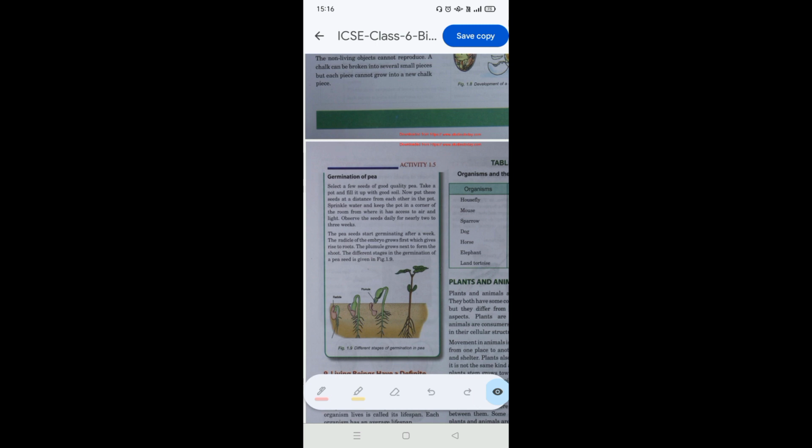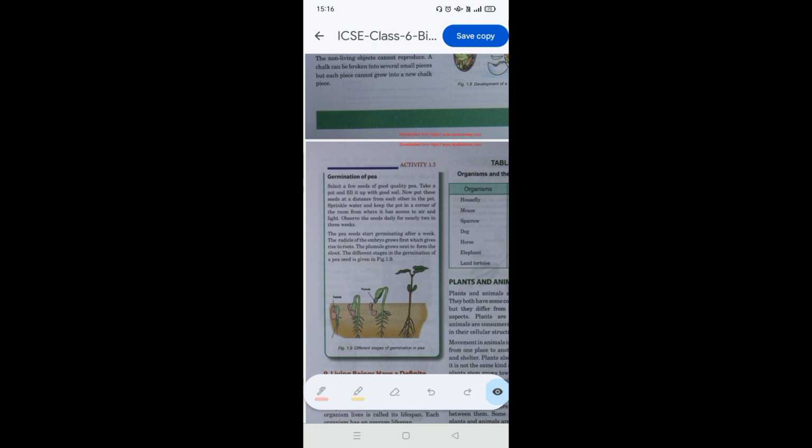Observe the seeds daily for nearly 2 to 3 weeks. The pea seeds start germinating after a week. The radicle of the embryo grows first, which gives rise to the roots. The plumule grows next to form a shoot. The different stages in the germination of a pea seed are given in figure 1.9.